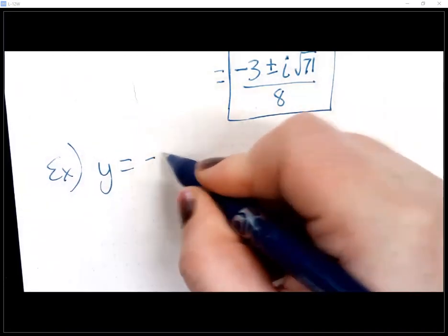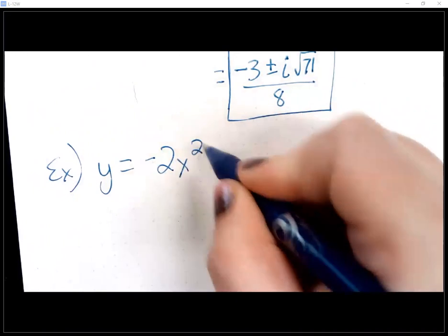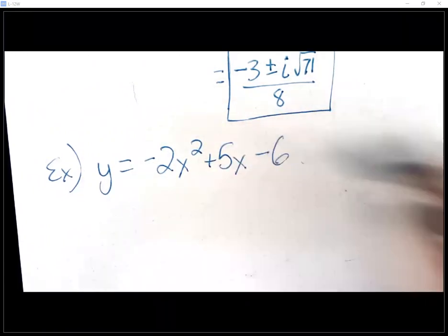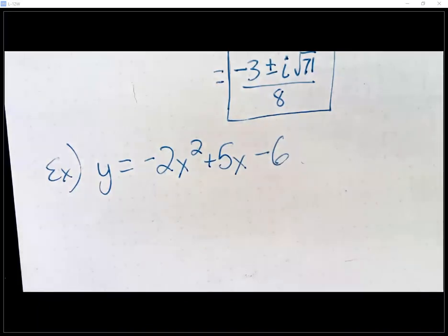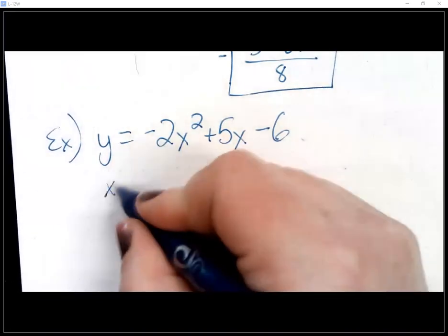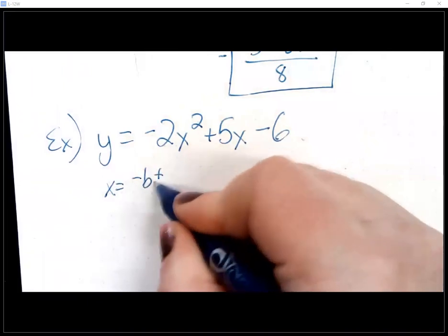So we'll see what happens. -2x squared plus 5x minus 6. All right, try it. Find your a, b, c, pop it into that quad formula, and let's see what comes out. I'll rewrite the quad formula again, just to have it. But you try it.